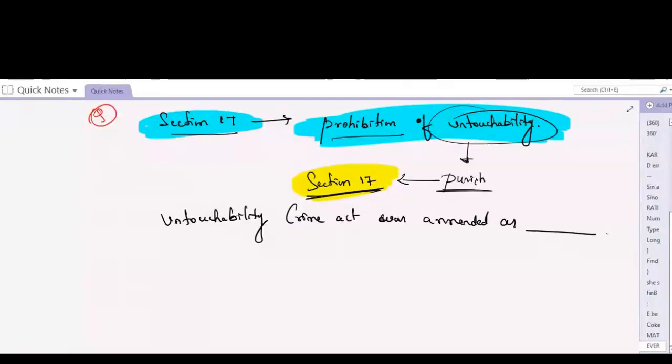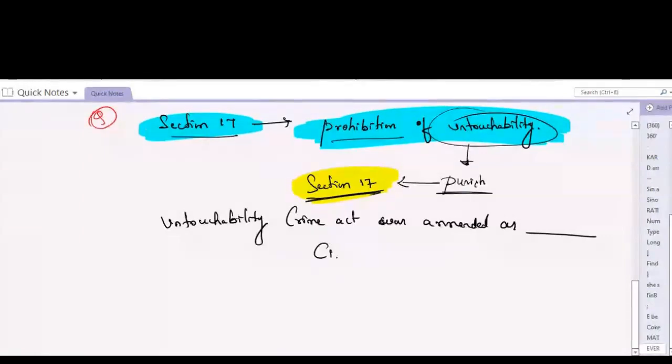Students, can you hear me? Civil rights protection. No, here the matter is about citizens, not civil. It is citizen, not civil.